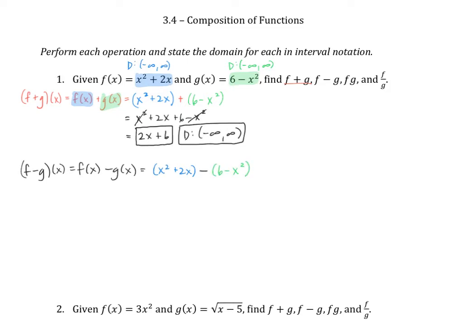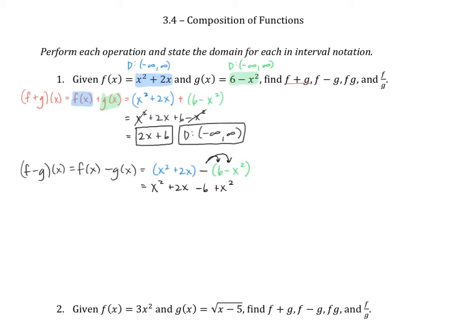Now here the parentheses are necessary because we need to distribute this minus, right? If it's a subtraction sentence, then we need to distribute the negative. So that will give us x squared plus 2x minus 6 plus x squared.